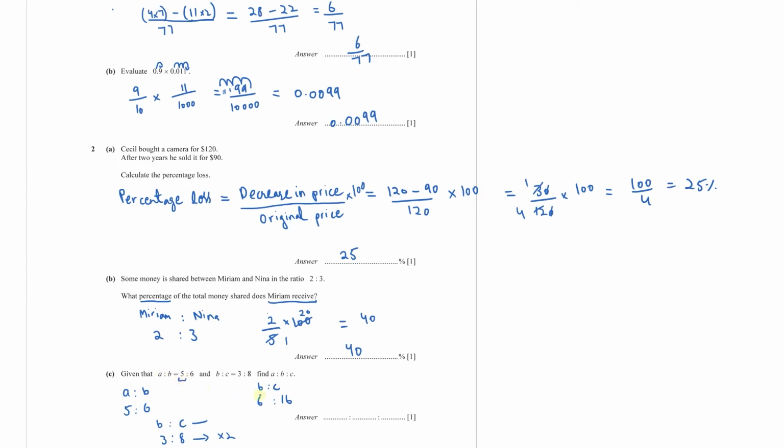A is 5. So B is 6, C is 16, and when B is 6, A is 5. So A ratio B here would be 5 ratio 6. By using this common value of B, you made the value the same in both ratios, and then you can find the relation of B with A and B with C together. So this is 5 ratio 6 ratio 16.